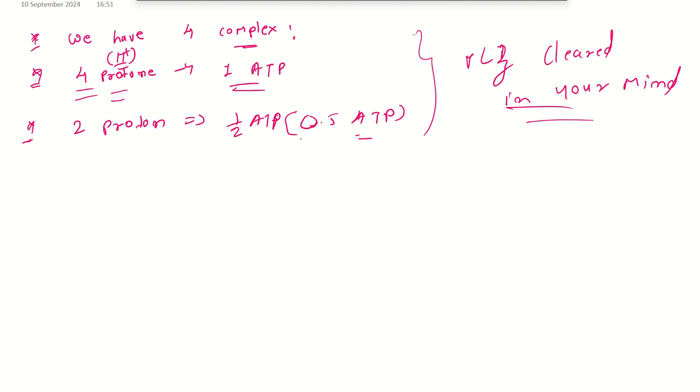Now in each complex we have a donor, enzyme and receiver.